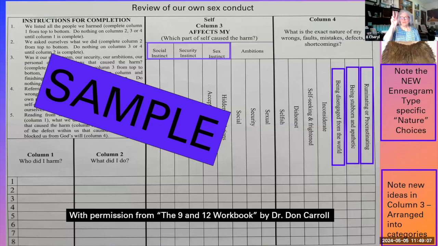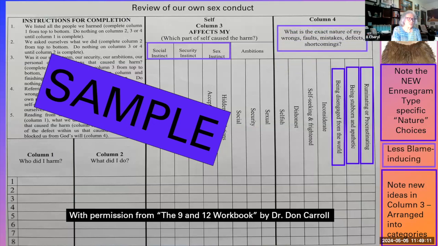Now, it's not always our fault, if you will, but this is something else. This box that just came up, the question that asks not what was my wrong, but what were my wrongs? This is, what is the exact nature of my wrongs, my faults, my mistakes, my defects, my shortcomings? And I want to talk for a second, I'm going to go a little bit further into nature.